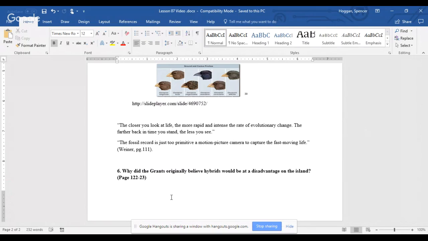And it says that the Grants believed that hybrid birds would be less fit and therefore would be knocked out by natural selection because they couldn't fit in their niche as well. They believed this because earlier they kept seeing time after time how the slightest variation in the finch's beaks could either kill off the species or make the species thrive.